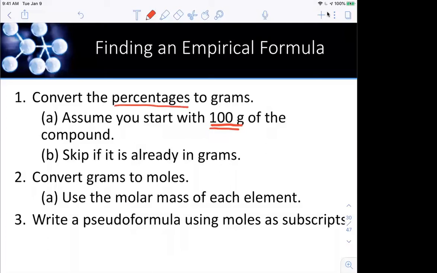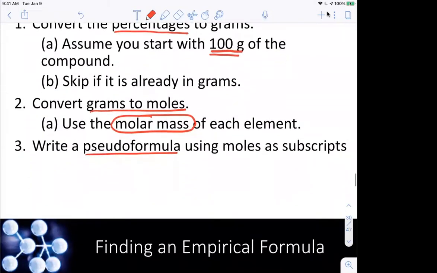Because remember, percent is parts per 100 parts. My next step is converting grams to moles using the molar mass of each element. I'm going to get a pseudo formula, because remember, the formula is really the ratio of the moles of each element that comprise the compound.